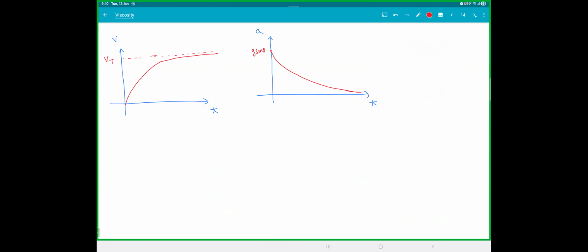Out of all, the XT graph is a good one. In the XT graph, what is the slope? The slope is velocity. What is happening to your velocity? Velocity is increasing, but eventually it will become constant. That means there is a particular line here, where tan theta is the slope, which is your v terminal.